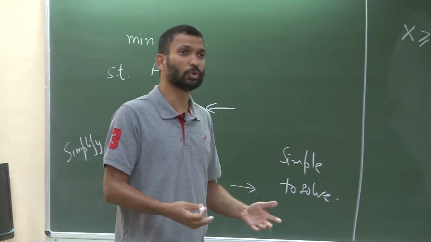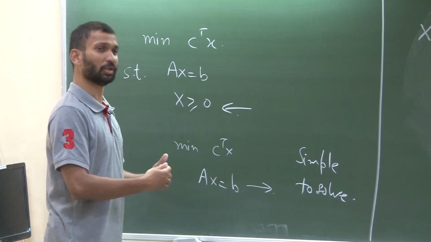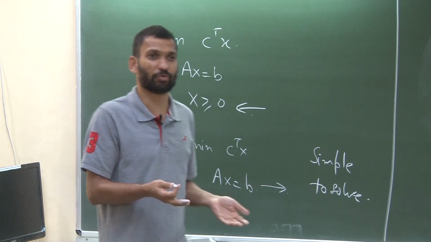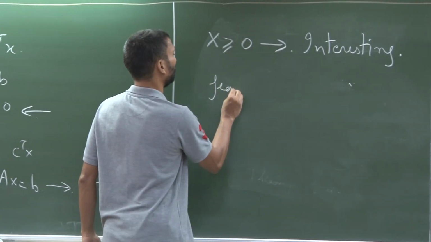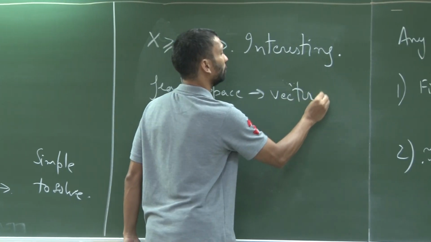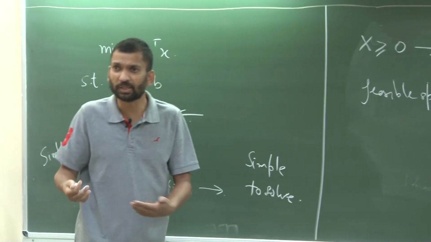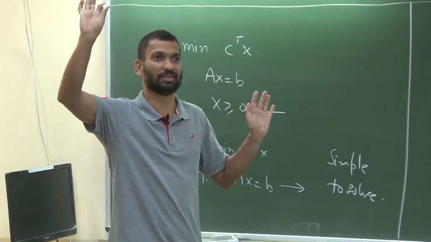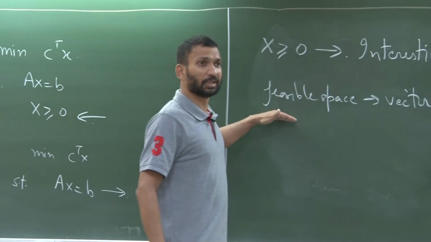And you remember what we were trying to do? We were trying to learn linear programming, and now we tried a simplification that is too simple. Now you see, life is not that simple, but can we still get some more information? When our feasible space was a vector space, the solutions of Ax equal to b is some kind of an affine space. That is easy, but that is not going to be the case.